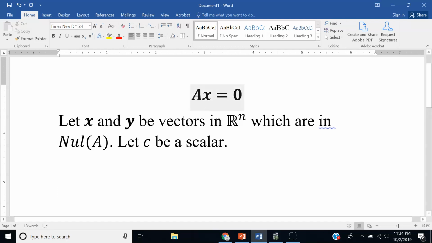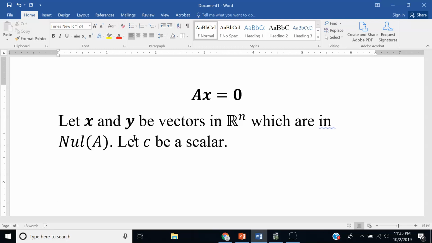We're looking at solutions to this equation, and the set of all solutions is the null space. So we're going to take arbitrary vectors, which we'll call x and y, in Rn, which are in the null space. We hope to show that under vector addition we're closed, under scalar multiplication we're closed, and that the 0 vector is in the set.